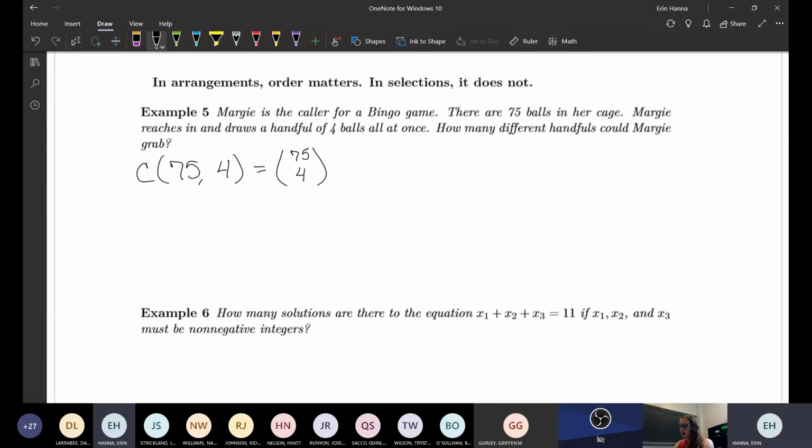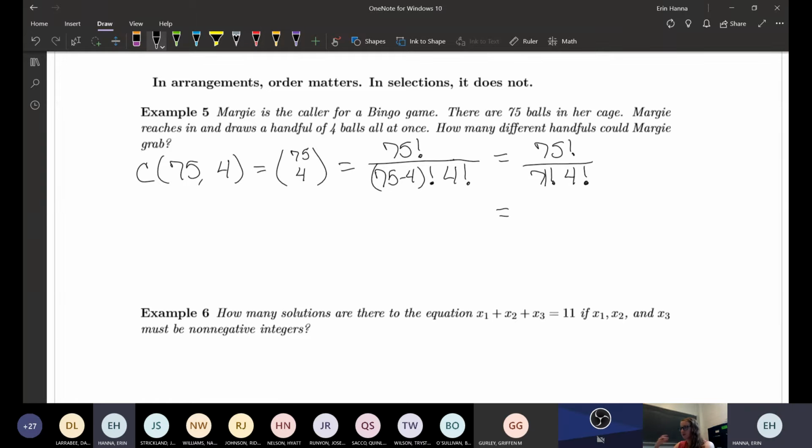If we use our formula there, it's going to be n factorial, so 75 factorial, divided by n minus r factorial, so 75 minus 4 factorial, divided by r factorial, so 4 factorial. So we essentially have 75 factorial over 71 factorial times 4 factorial.